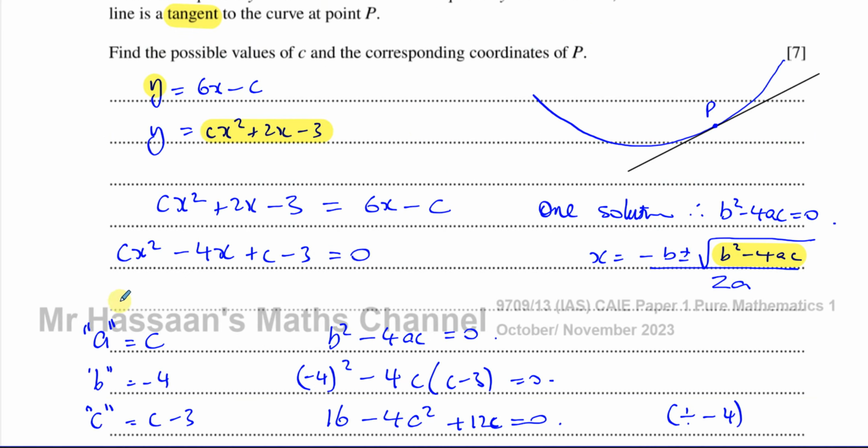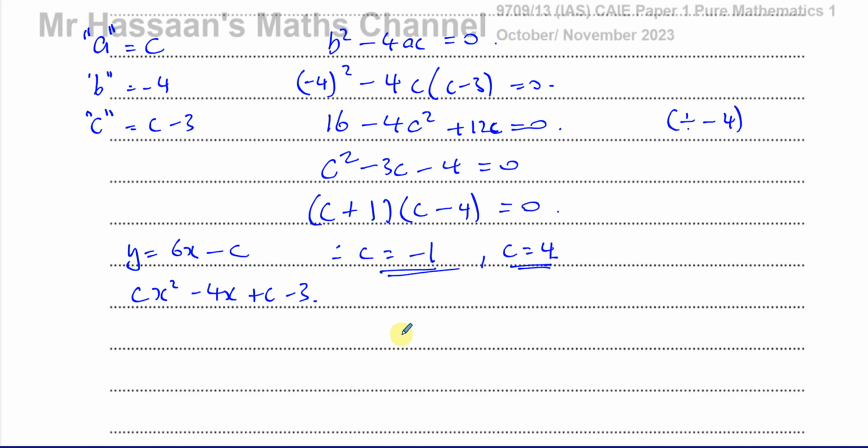Let's say when c equals negative 1, we end up with y equals 6x minus 1, and we end up with minus x squared minus 4x minus 4 equals 0. So you just replace the c with minus 1.